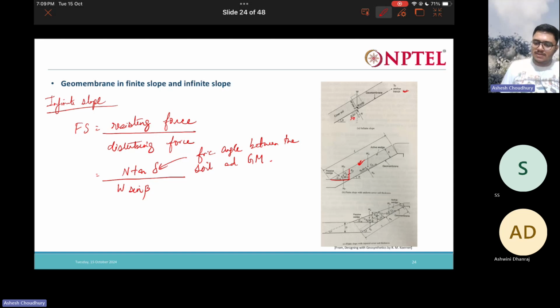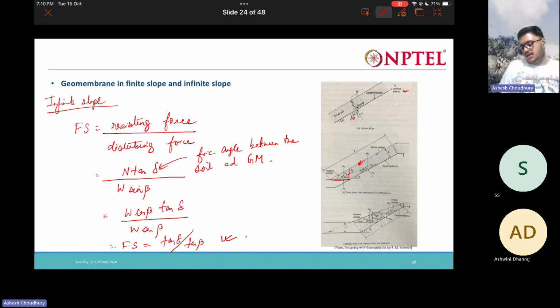And this beta is nothing but the slope angle. All right. So what is the resistance? The resisting force is the frictional resistance that develops. A disturbing force is what? The sine downward component of the weight, right? So N is the normal force, W cos beta. Therefore factor of safety is what? Tan delta by tan beta. Okay, this is the factor of safety in case of an infinite slope.